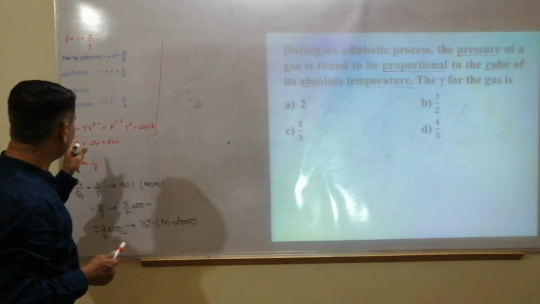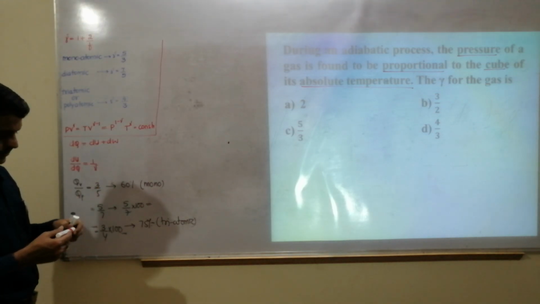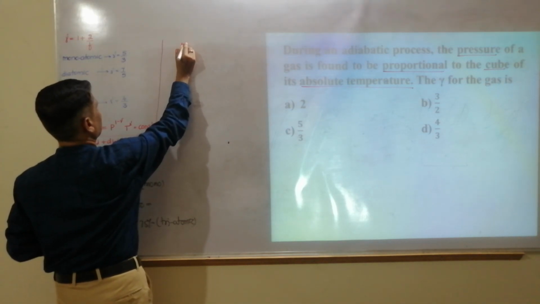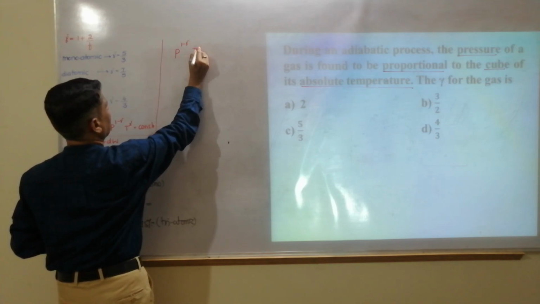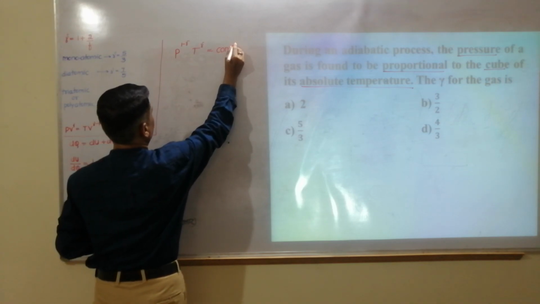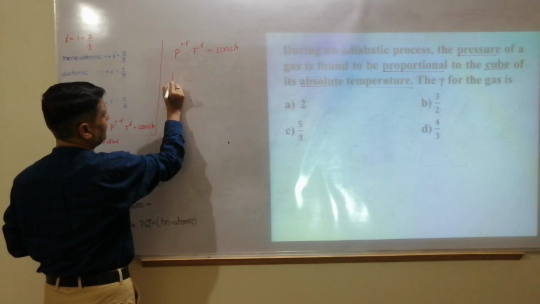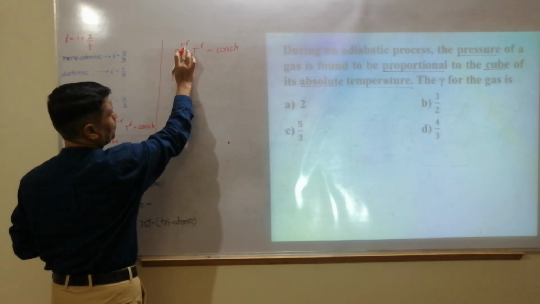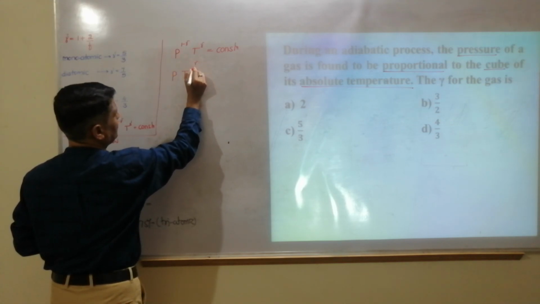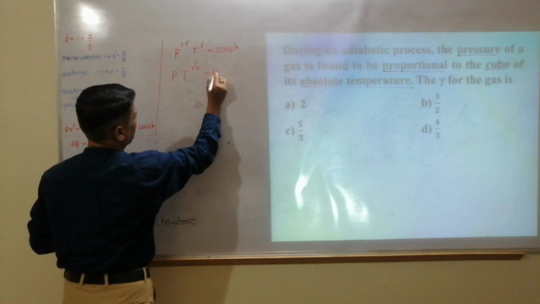You know, the relation between pressure and temperature for an adiabatic process is here. Hence, I can say P to the power 1 minus gamma, T raised to gamma is equal to constant. We want P proportional to. So therefore, I can write P raised to 1 minus gamma, or gamma divided by 1 minus gamma, is also equal to constant.